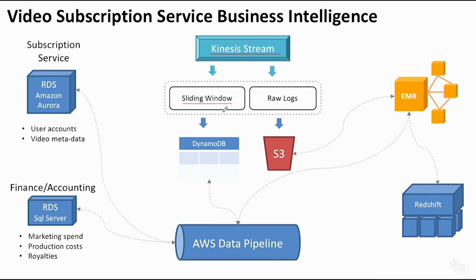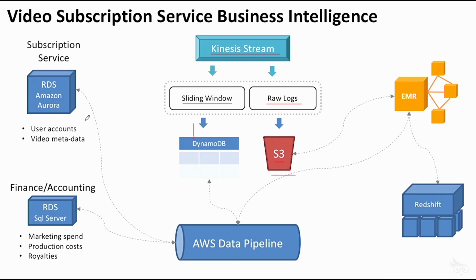So we're doing these sliding window analyses, and those are being stored in DynamoDB. We have another application that is just taking the raw event messages, aggregating those per hour or per day, and storing those files in Amazon S3.